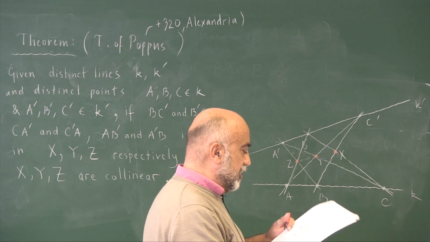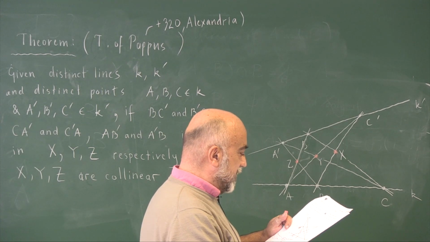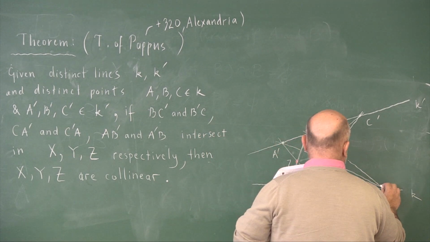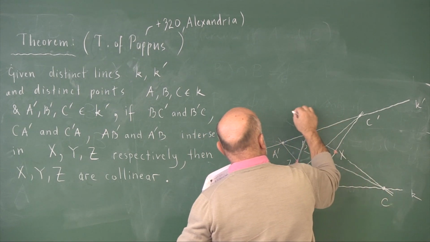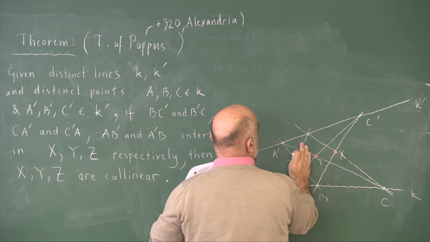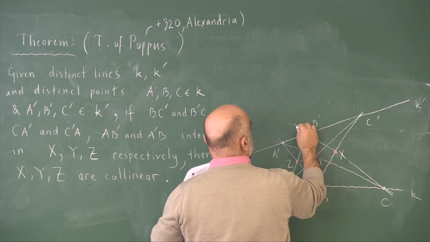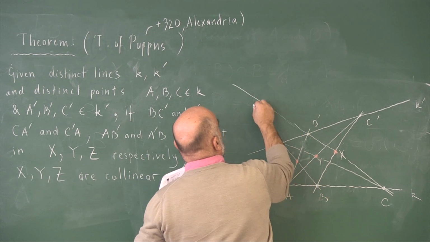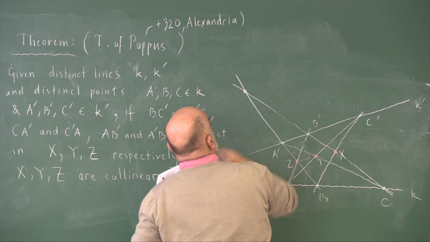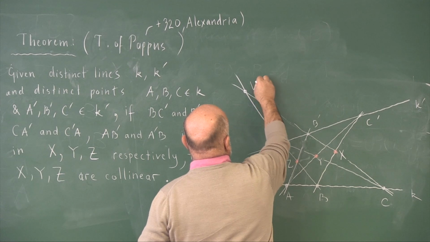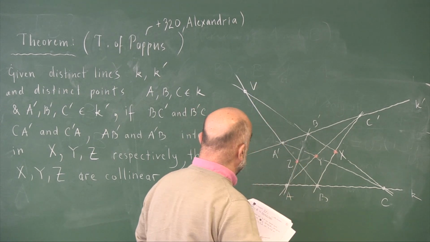Well, let me make that triangle. Let me start with that. So let us assume furthermore that the lines CB prime and BA prime intersect in a point which I would like to call V, for reasons to appear in a minute.